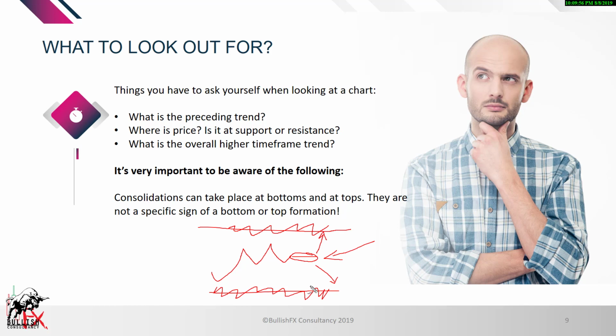Ask yourself, is it at a support and resistance area, or is price hitting supply? Is price hitting demand? It's those aspects that you have to ask yourself the moment you open a chart. Say you open USD CHF. Okay, where are we on USD CHF? Then you read the structure. Ask yourself, what is the overall higher time frame trend?